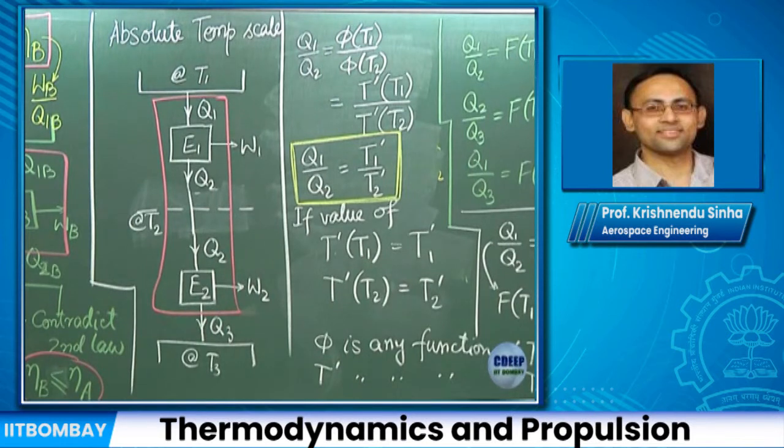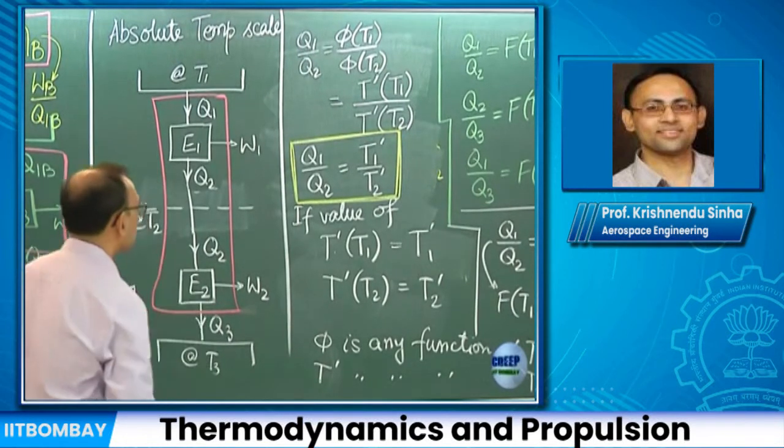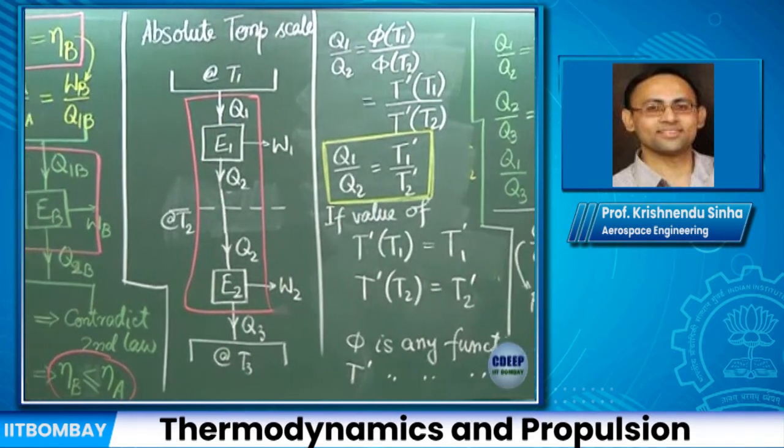Whether you used ideal gas or anything, as long as you have an engine running which takes up Q1 and Q2, you can measure that and get the ratio. You have the ratio of temperatures of the absolute scale independent of the working fluid inside. We'll see the importance slowly, both historically and how it makes a difference to us now. But let me work out these two scales first.